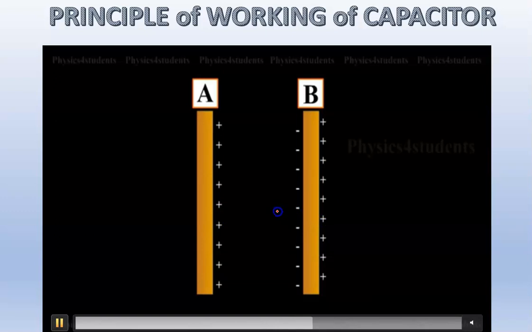So the net effect is that the potential of A ultimately decreases, and hence we can say the capacitance of A increases.